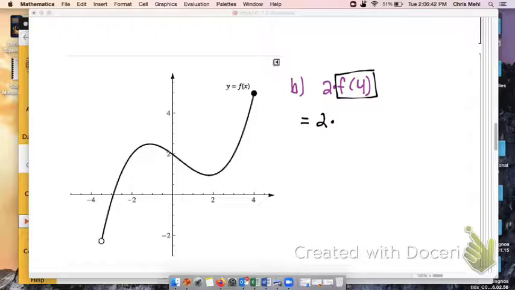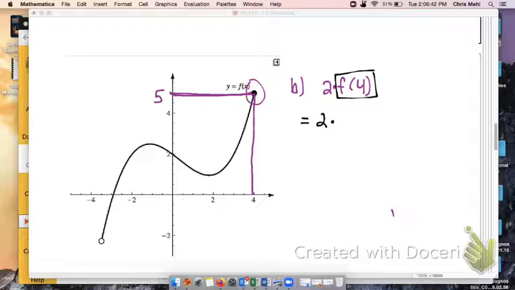Now I'm going to do the same thing. If I want to find f of 4, that's the y-coordinate when x is equal to 4. So if you go to x equals 4, you go up to the corresponding point on the graph. Okay, so that's the point. This is the point on the graph that has an x-coordinate of 4. And if you go straight to the left, it's not exactly true, but it's pretty close, it looks like that point has a height of 5.